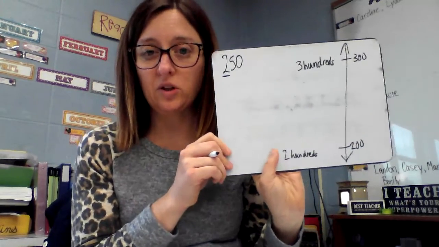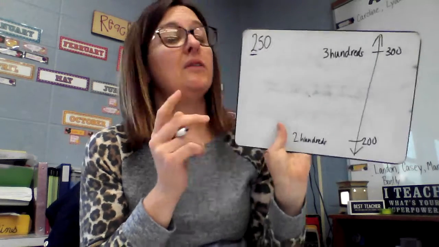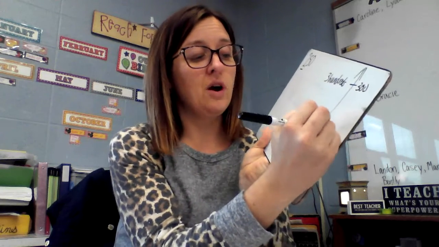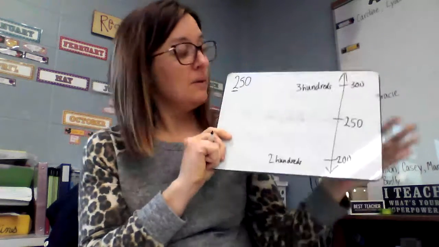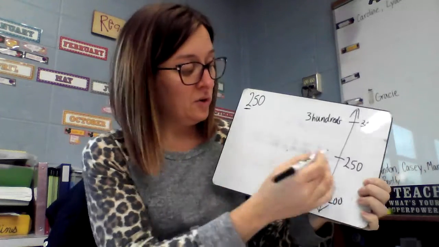And then I have to think to myself, what is halfway between 200 and 300? If you said 250, you are correct. So now I can place my number on my number line. 250, well, it's directly in the middle.